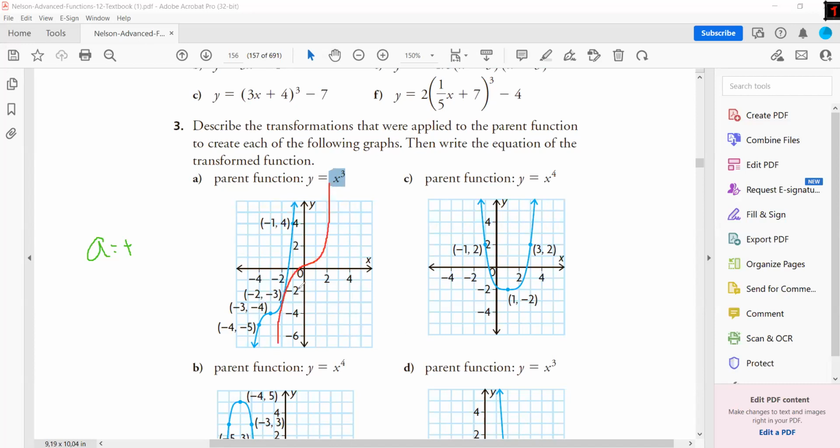And here we can clearly see that this point is being translated from 0 to this point, -3 and -4. So I can say that my coefficient c, which represents the y displacement, is -4, 4 points down, and my d is -3, 3 points to the left.